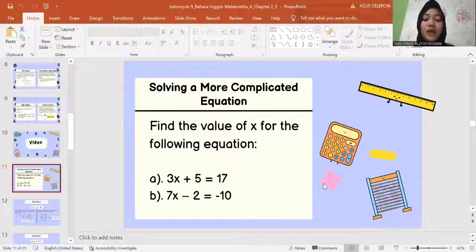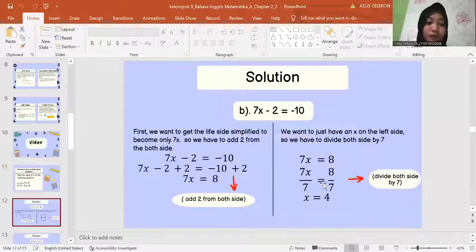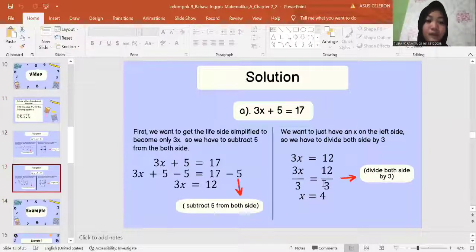B, 7x minus 2 equals minus 10. The solution is A, 3x plus 5 equals 17. First, we want to get the left side simplified to become only 3x. So we have to subtract 5 from both sides.